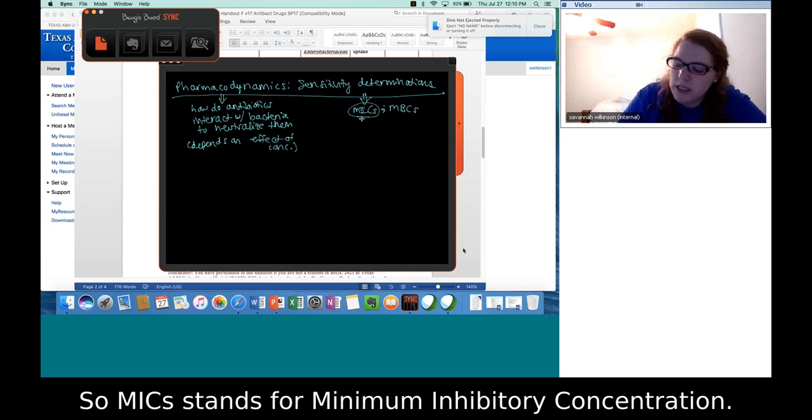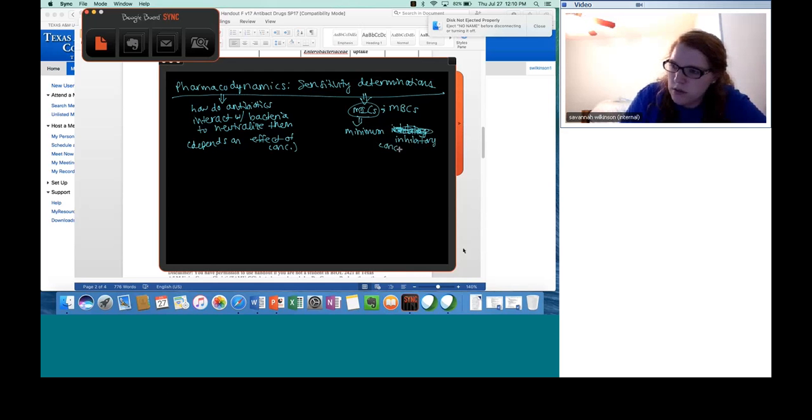So MIC stands for minimum inhibitory concentration.